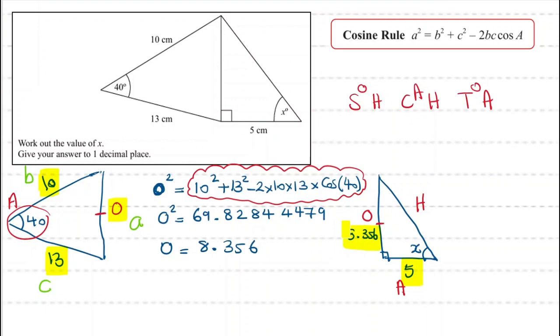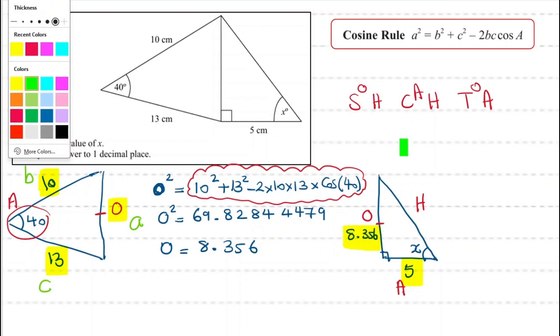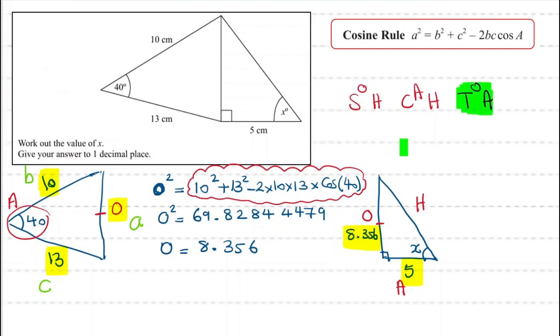Since we have O and A, we can then go to SOHCAHTOA and see that we can use tan, because in tan we have both O and A. So we write tan of angle x equals opposite over adjacent, 8.356 over 5.